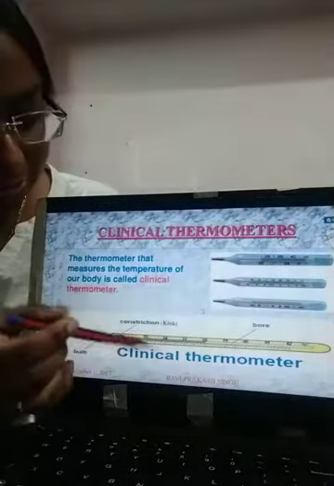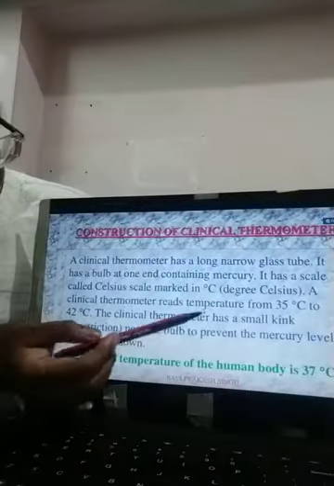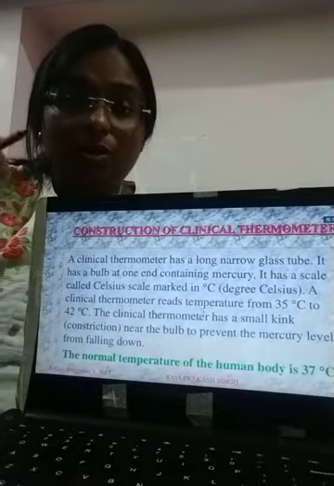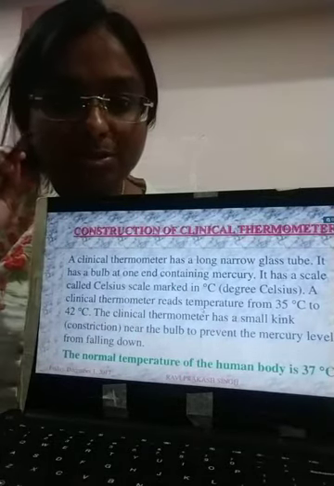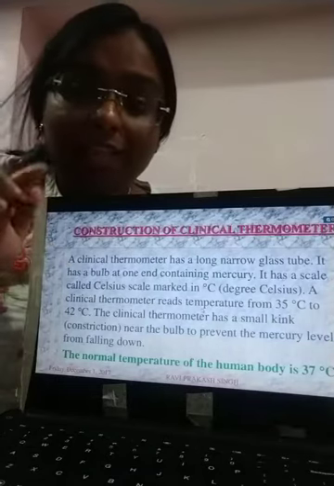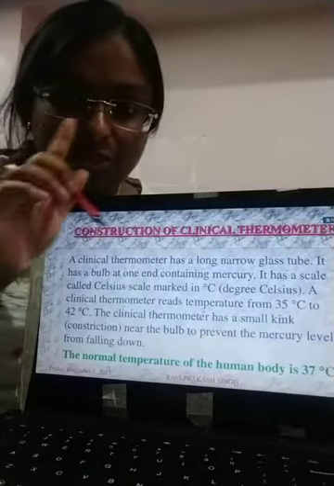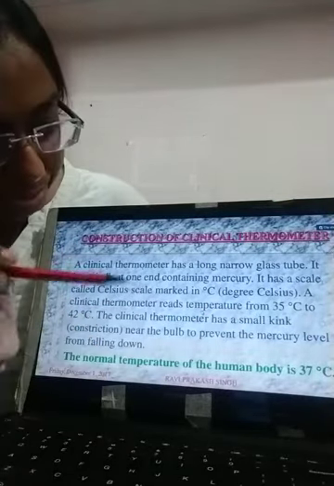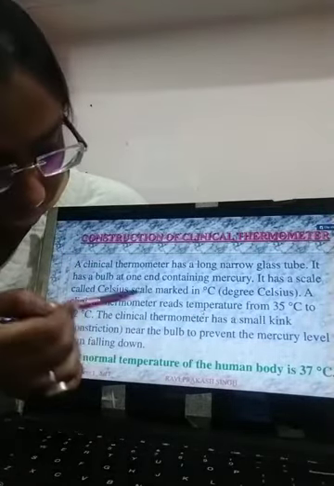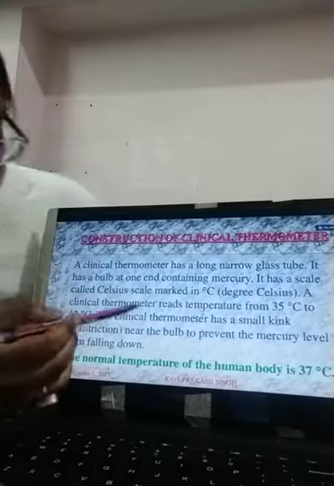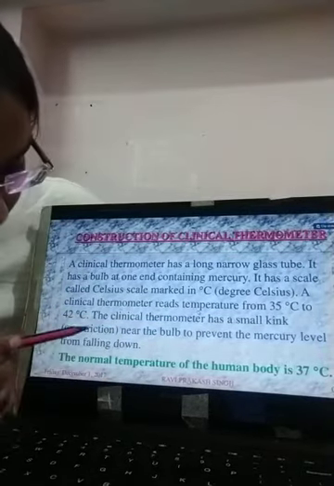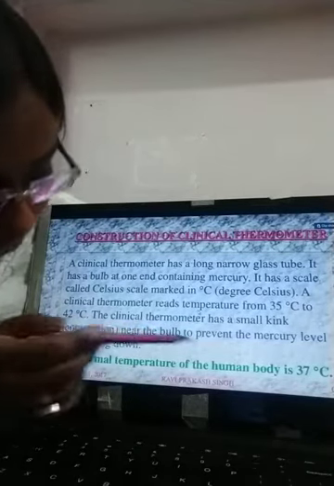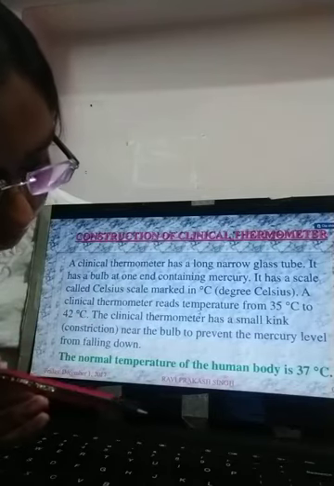The scale used in clinical thermometers is the Celsius scale, and the range of the thermometer scale is from 35 degrees to 42 degrees centigrade. The clinical thermometer has a small kink or constriction near the bulb to prevent the mercury level from falling down.